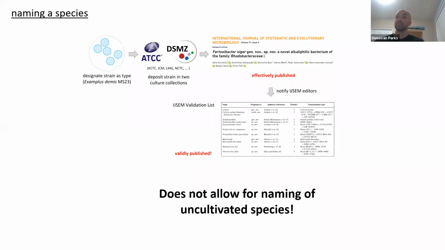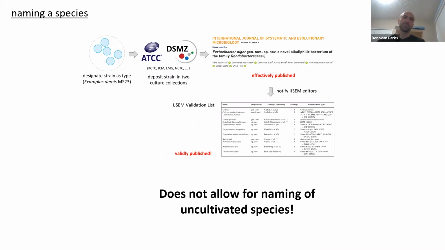Now, you can try to get that species or strain into culture, and people are doing that and developing new techniques to do that. But the simple reality is that it takes a lot of effort. It often isn't successful, and it requires enough effort that it's basically not keeping pace with the rate at which we're discovering new species.